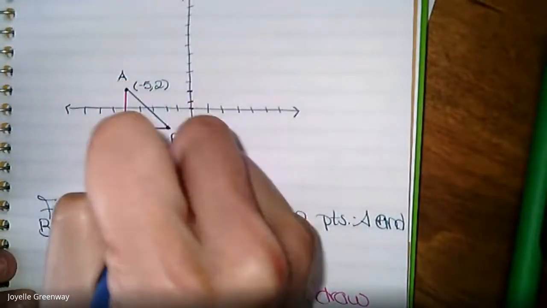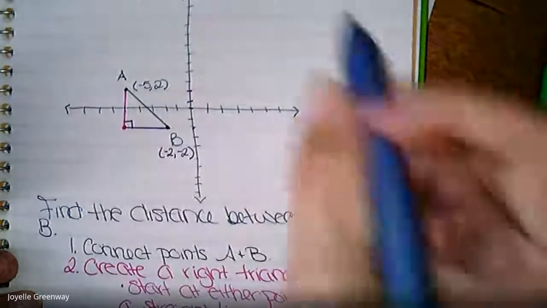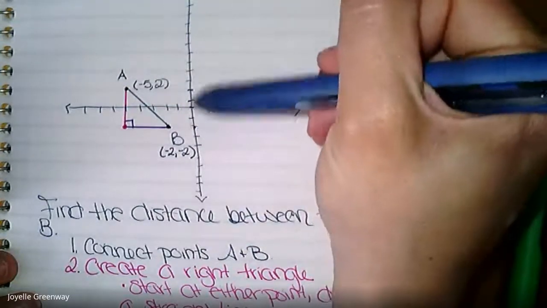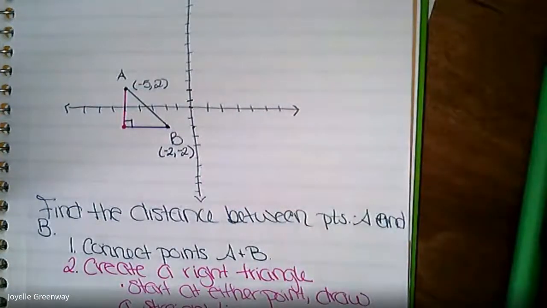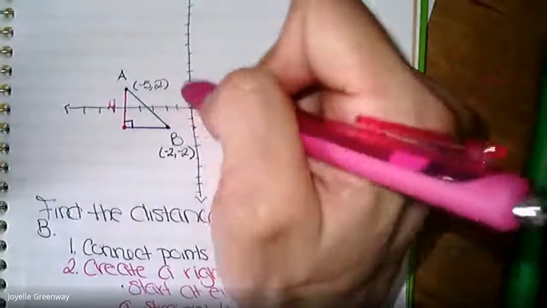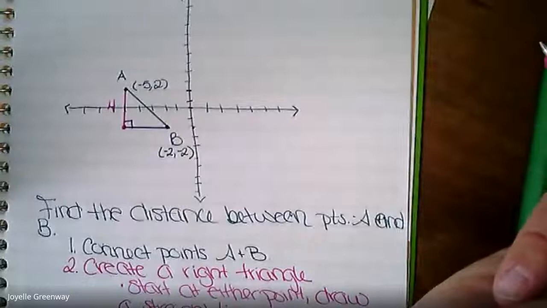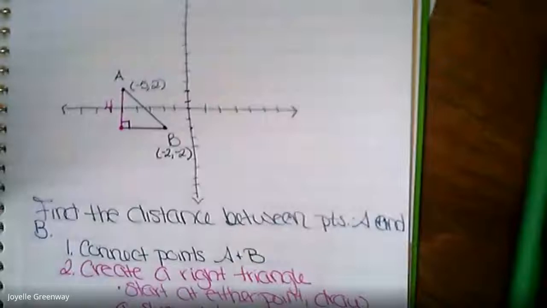And we know that point B, this point right here, was at -2, -2. So now I'm looking at my distance on this line here, so this line segment here is 4 units, right? Because I went down 1, 2, 3, 4 units. Okay, so that length is A, or 4.